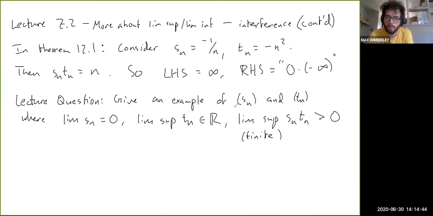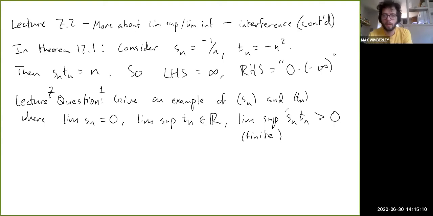Because if this is positive, then obviously it's not equal to 0 times this number, right? So pause the video, think about it, and I'll explain when you unpause. And do remember, this is lecture 7, question 1. So remember to include this on your homework.